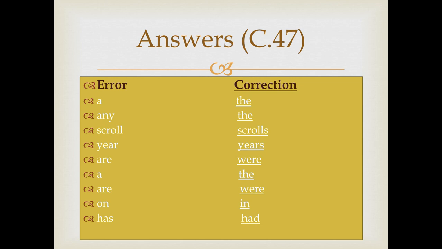Now, I am going to read the edited passage, the complete passage with all the corrected words. Let's see. The Dead Sea Scrolls are the oldest manuscript of the book of the Bible. Some of the scrolls are more than 2000 years old.